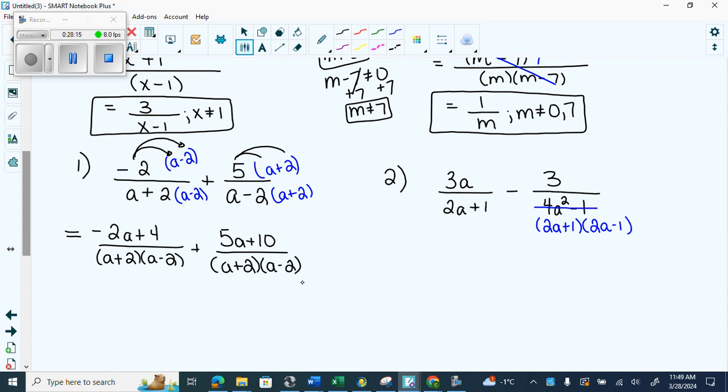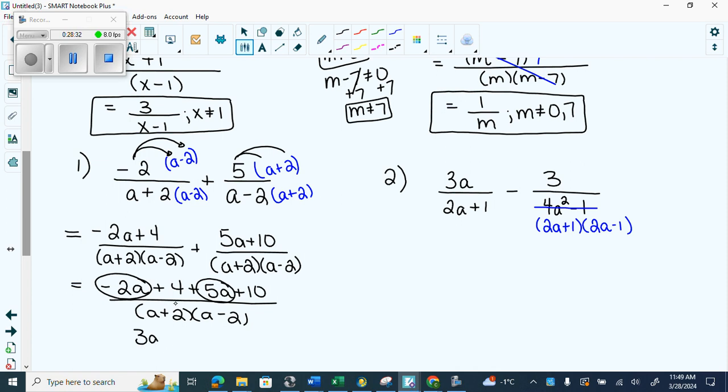Right, over one denominator: negative 2a plus 4 plus 5a plus 10 all over a plus 2, a minus 2. Then we collect like terms. Negative 2 apples plus 5 apples is 3 apples. 4 nothings plus 10 nothings is 14 nothings, which I can't take anything out of. And I'm left with a plus 2, a minus 2. And a can't equal plus or minus 2.